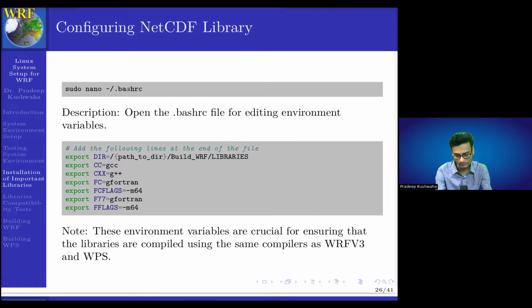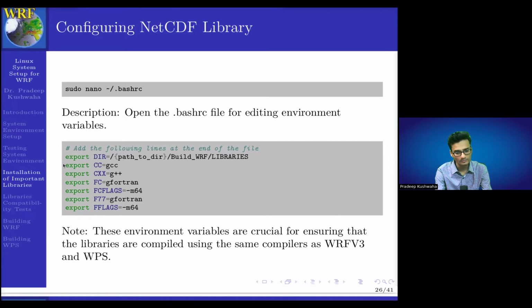This command will open your bashrc file, and in that file you just need to add these commands at the end, and make sure that the directory here is the directory of your library folder. Make sure that it is correct. From here to here, it has to be part of your libraries. Please do not make a mistake here.